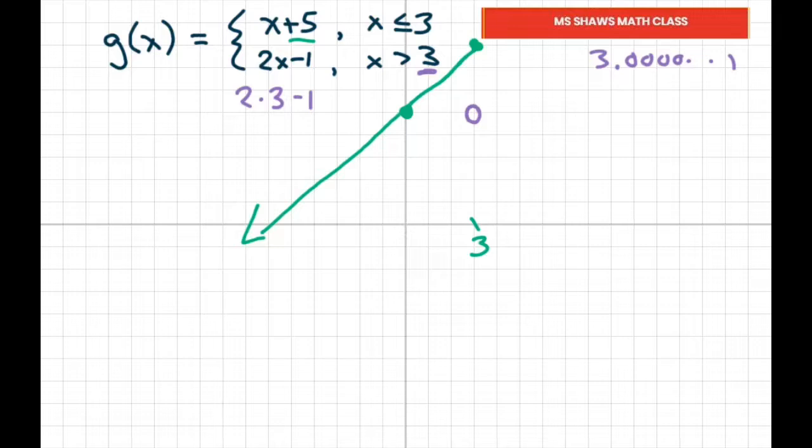So you want to get as close to 3 as possible. So let's plug in 4. What's happening at 4? 2 times 4 minus 1 is 7. So 4 goes to 7, which is about there. We only need 2 points, so there's your graph.